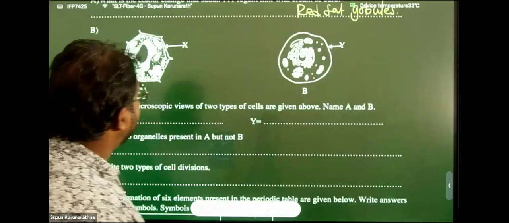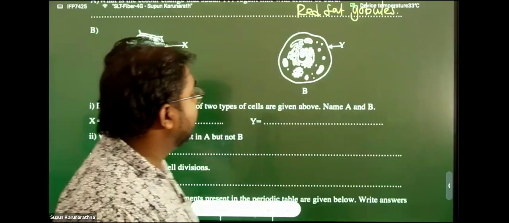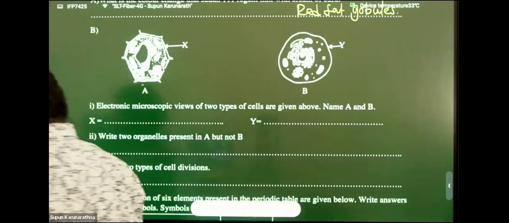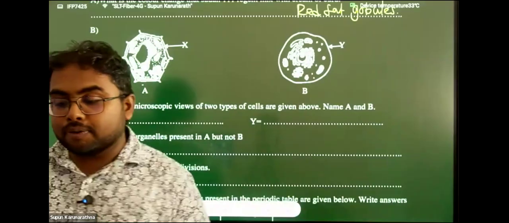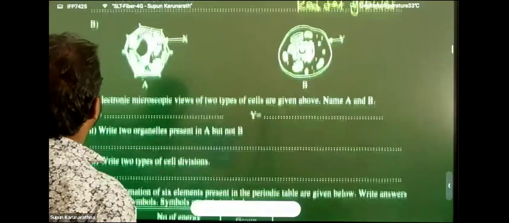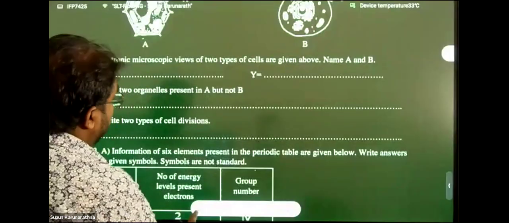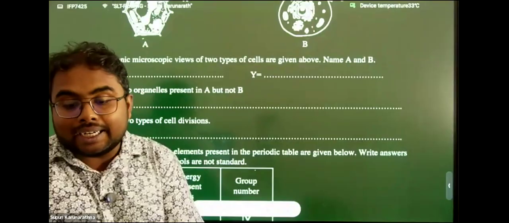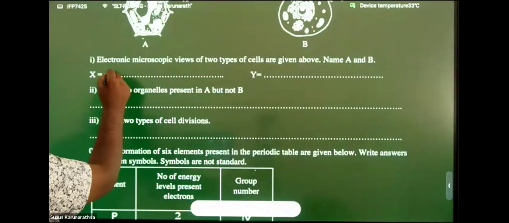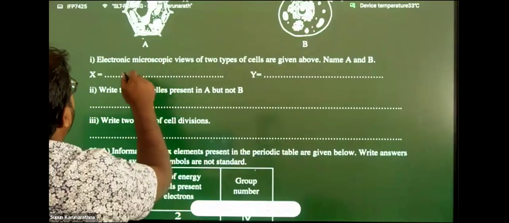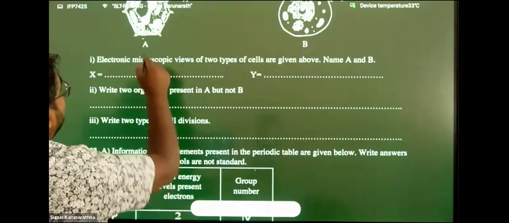The electron microscopic view of two types of cells is given above. Name A and B. What is the type of cell A and what is the type of cell B?